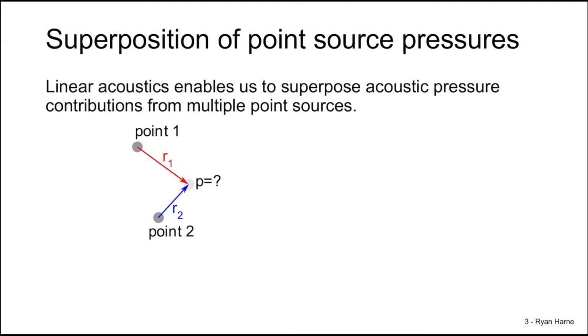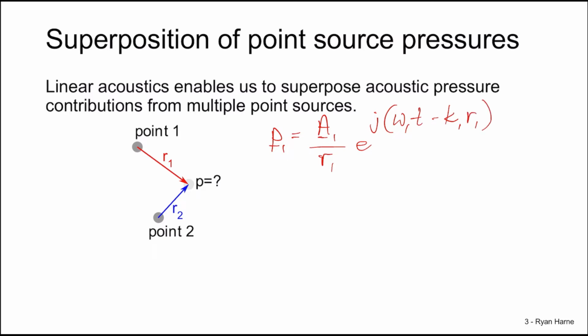Because we've modeled our acoustic sources according to an assumption of linearity, we can easily superpose the acoustic pressure contributions from multiple sources. So let's consider that the first source, P1, that has distance R1 to the source, has complex amplitude A sub 1 divided by R1, and then has a complex exponential e to the j of omega 1 t minus k1 r1.